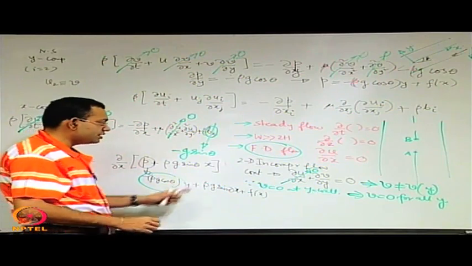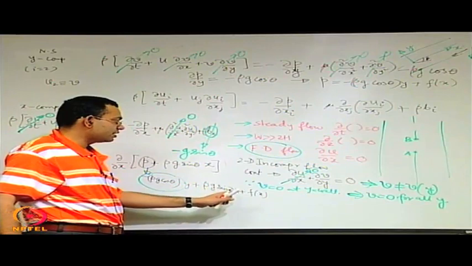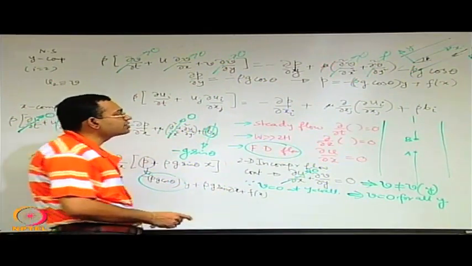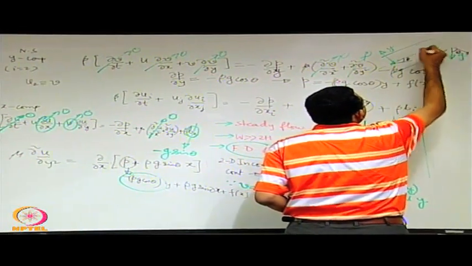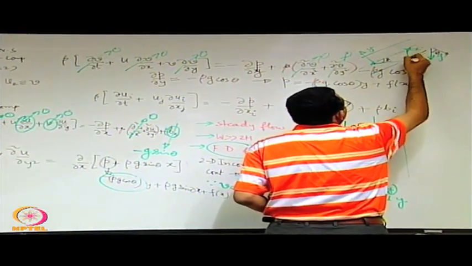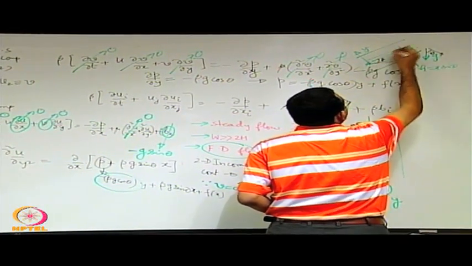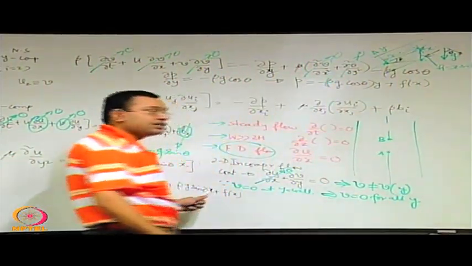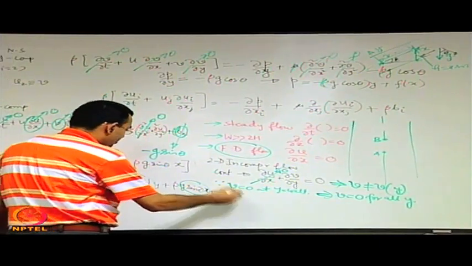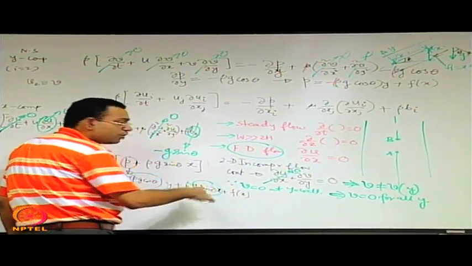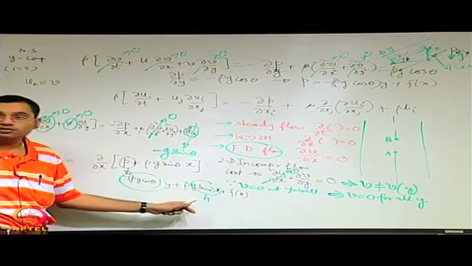And if you see the effect, what is this term actually? This term is just like a pressure which is varying with x plus the gravitational head, because what is x sin theta? If you go from this point to this point which you traverse along x, then this height h is x sin theta if this distance is x. So that is like rho g h. So you have some form of pressure which is varying with x on top of that rho g h, so it is giving you a piezometric pressure effect, fx plus rho g h.